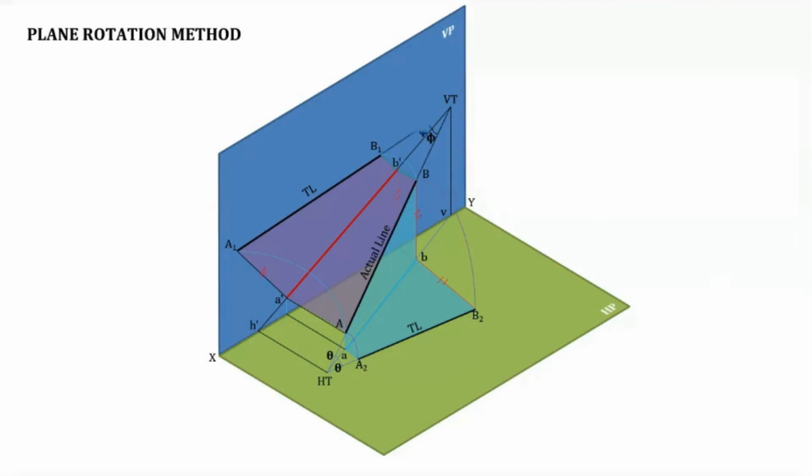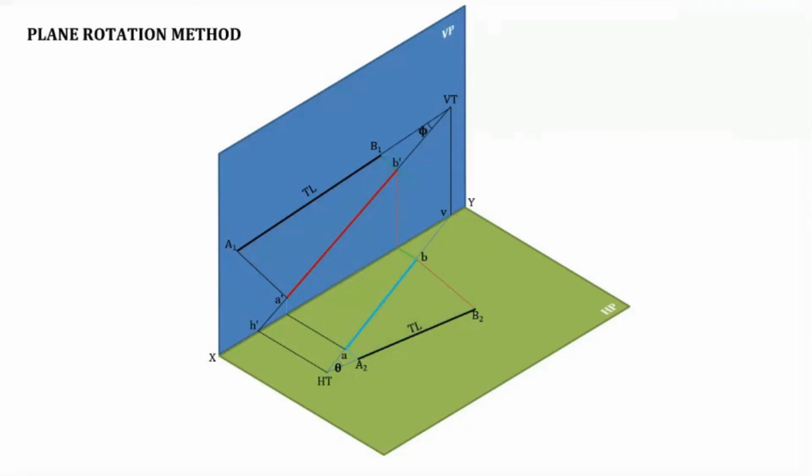Then here you can obtain phi. Phi is the angle made by the true length line, which in this case is A1 B1, with A dash B dash at VT, and theta is obtained as the inclination between the line ab, that is the top view, and the true length line in top view, that is A to B2 in HT. So this is how it is obtained.